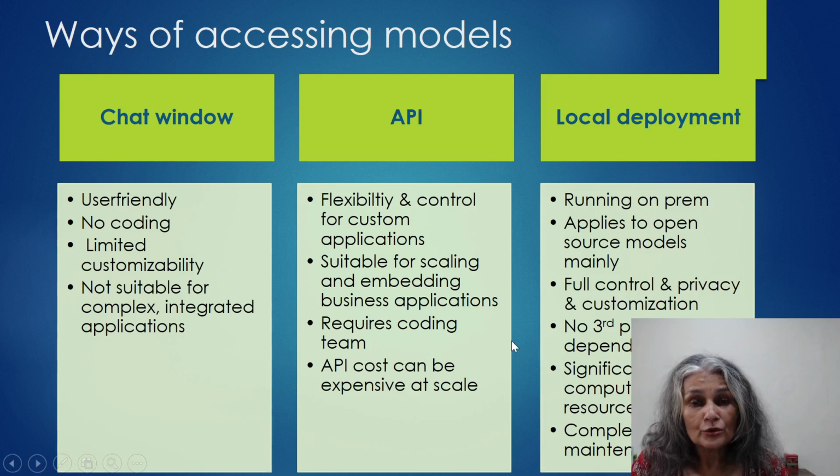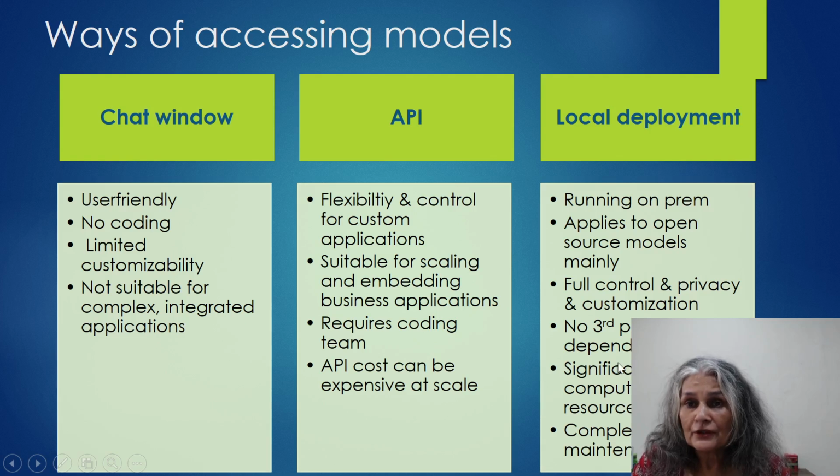It is also suitable for scaling and embedding a model in a particular business application. However, on the con side, it requires a lot of coding. It requires a large coding team. The API can also be costly if it's used for an application which is going to go out to a very huge number of people. It can start to become expensive.